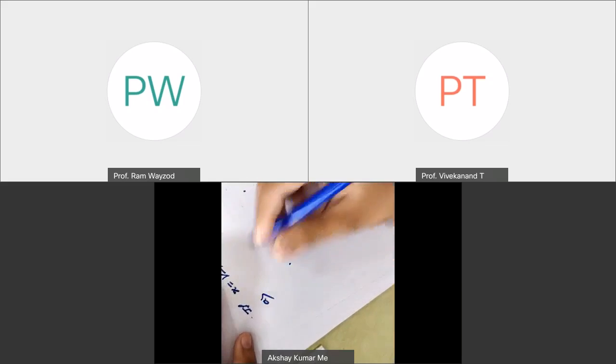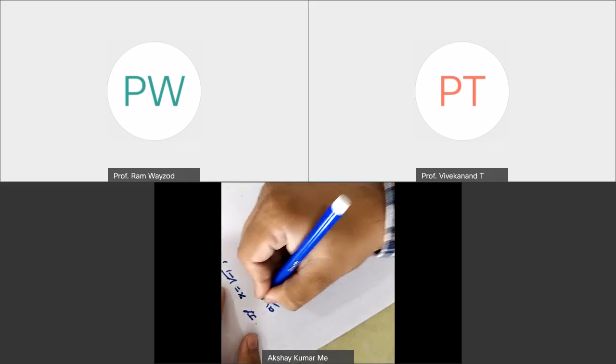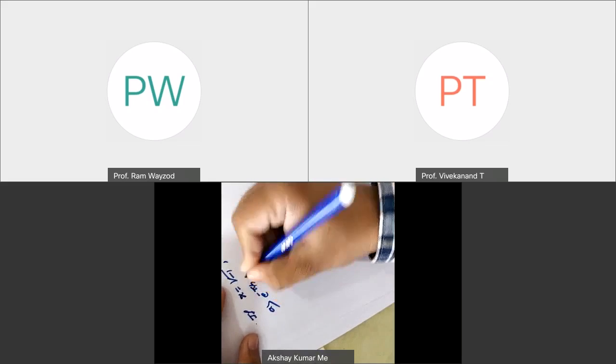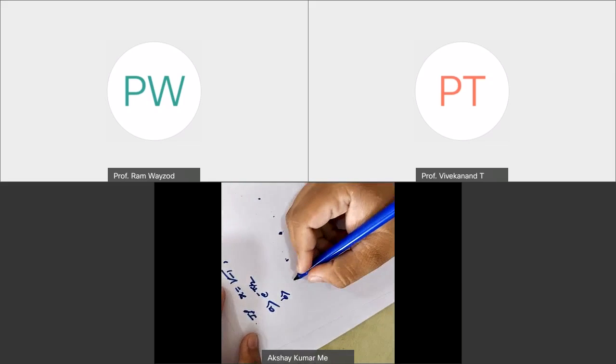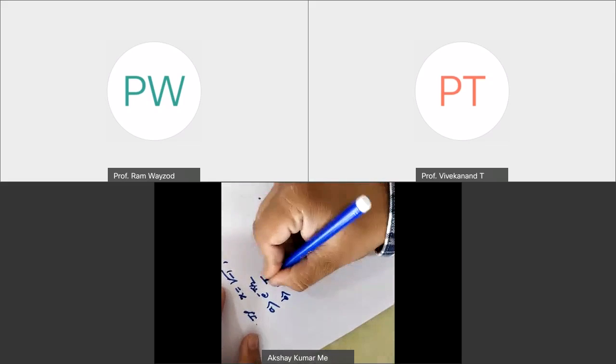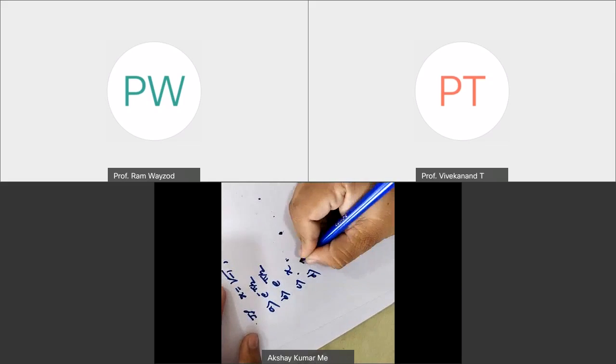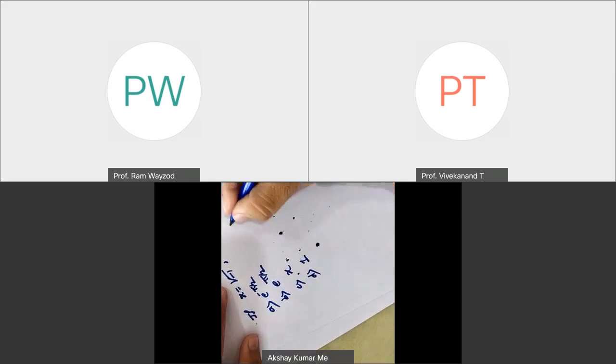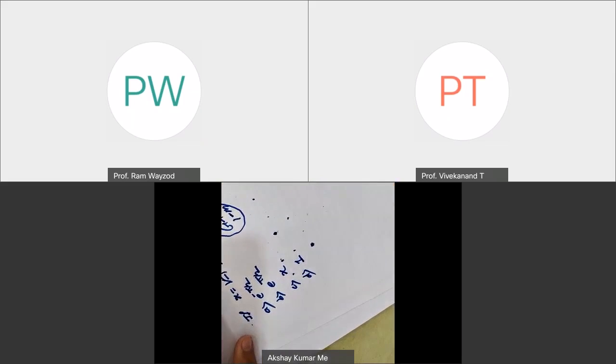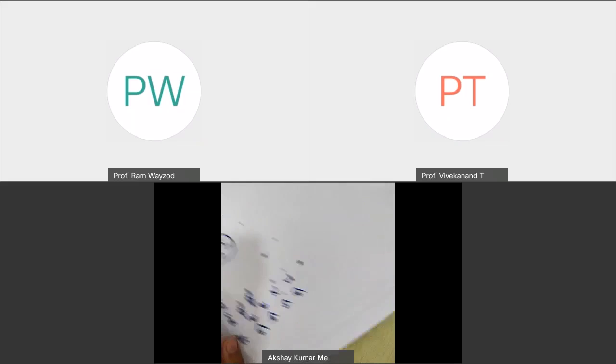The options are: e to the power minus pi by 2, e to the power pi by 2, x, and 1. This is a GATE example. It is a fairly easy example.